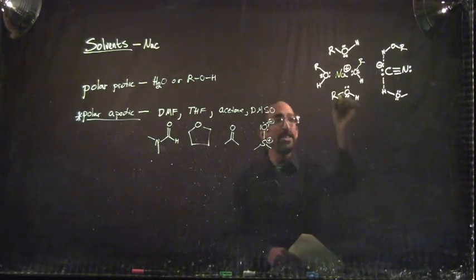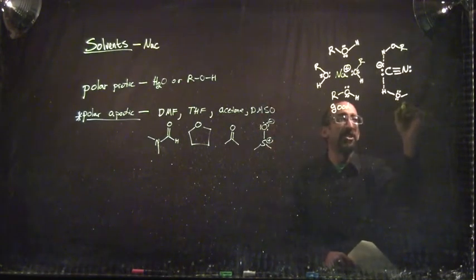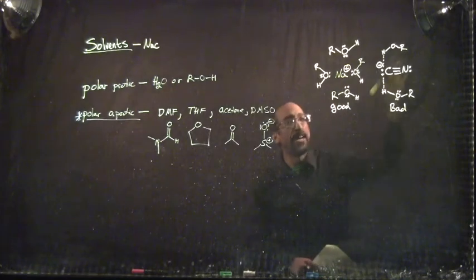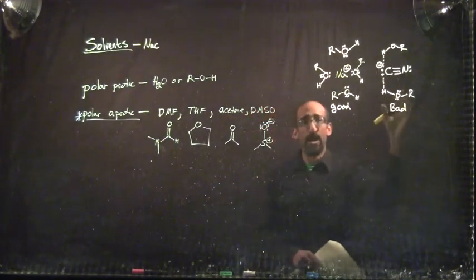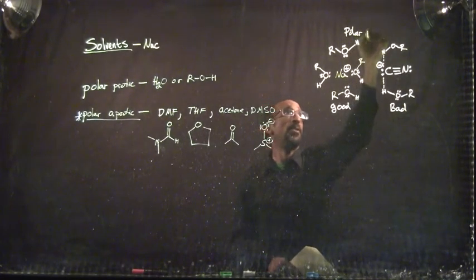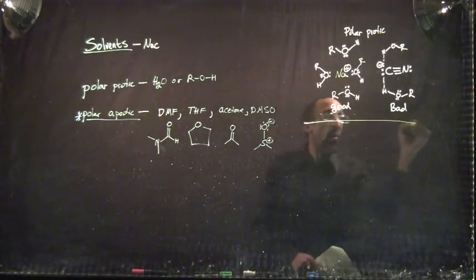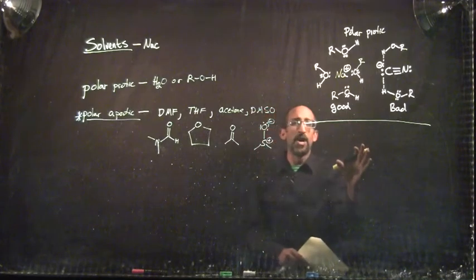So while this interaction is good, this interaction is bad, and it actually makes it more difficult for my nucleophile to form a new bond. So this is for my polar protic solvents.